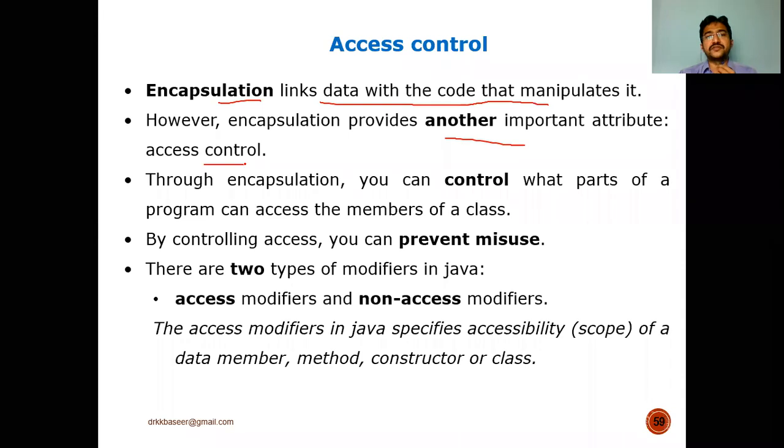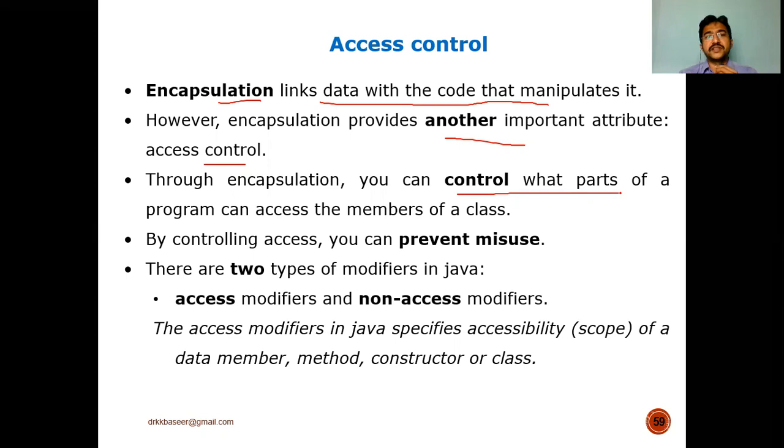The main purpose of access control is that you can control what parts of a program can access the members of a class.